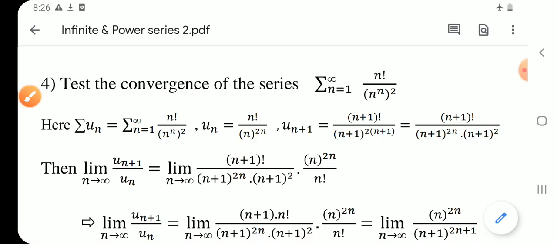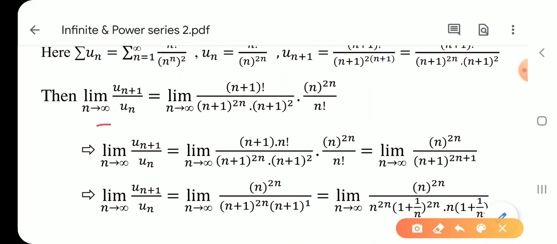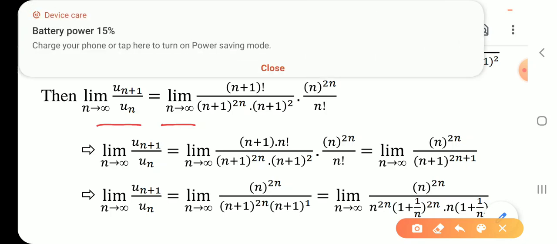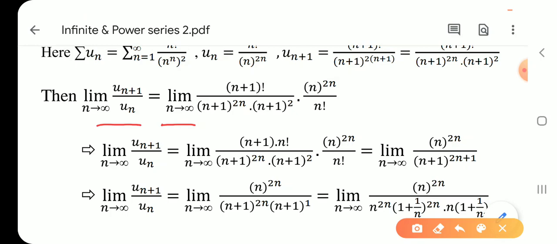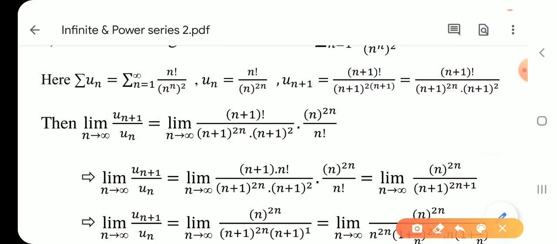So let us take the ratio of it. Limit of un plus 1 by un as n tends to infinity becomes limit of n tends to infinity; I have directly taken the reciprocal and written here. So it is n plus 1 factorial by n plus 1 to the power 2n into n plus 1 to the power 2, and here I have taken the reciprocal and written as n to the power 2n by n factorial.